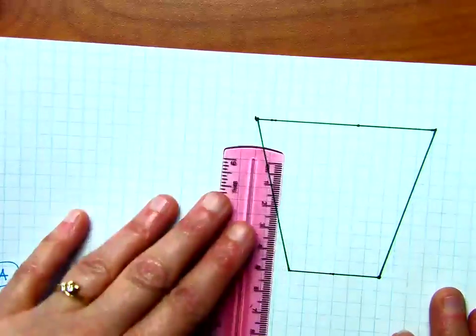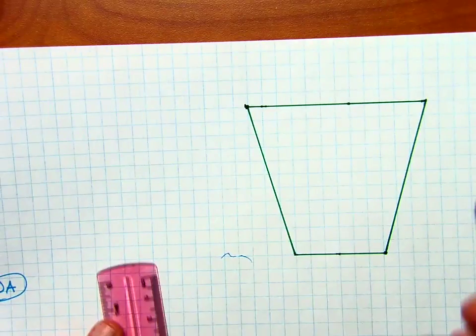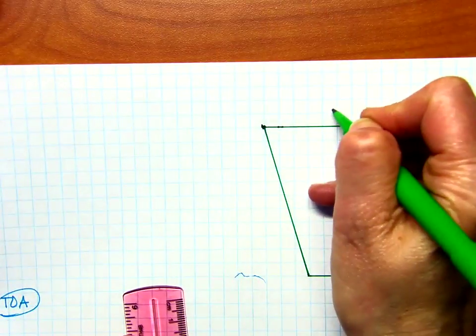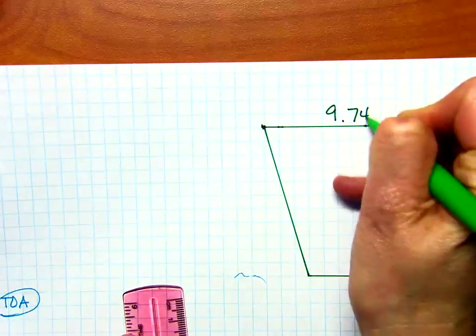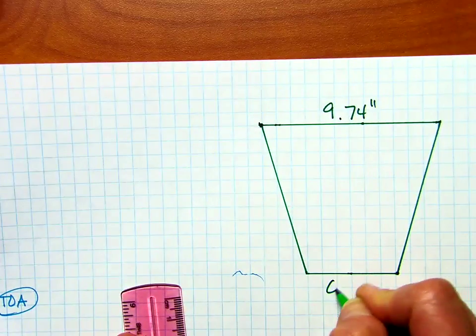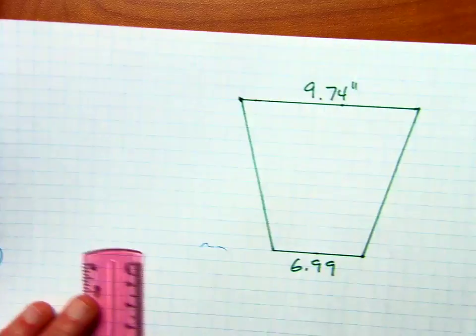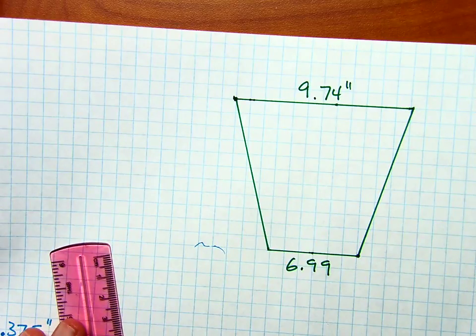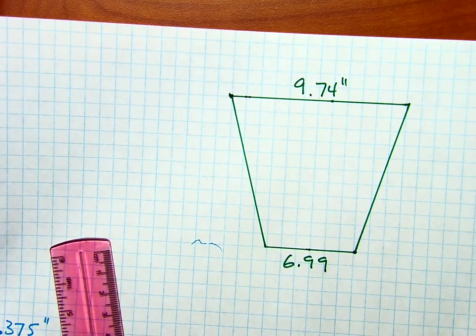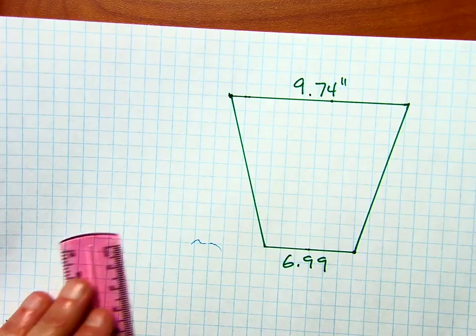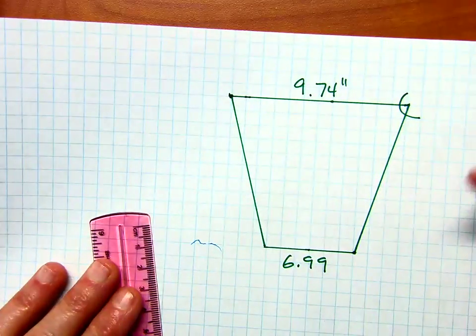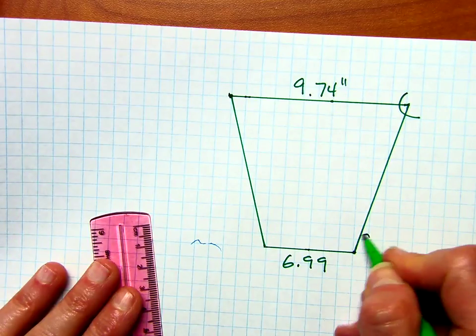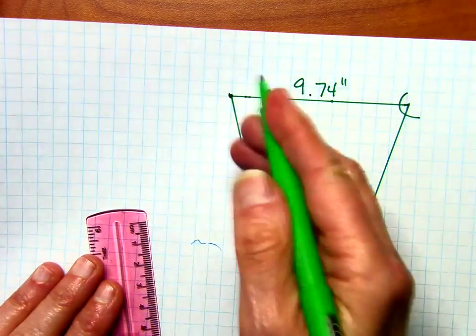All right, so I'll go ahead and plug in the top and the bottom, 9.74, and then we had 6.99. Now, our goal is to create some right triangles so that we can do some more math. And what we're looking for here is this top angle and this bottom angle, and it doesn't matter, you can do it on that side.